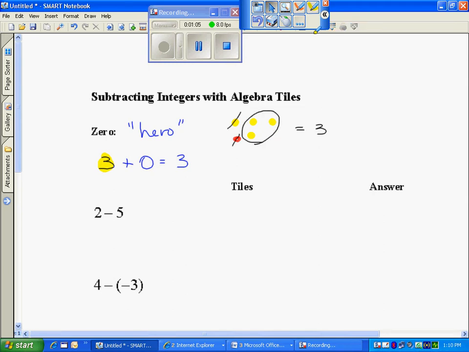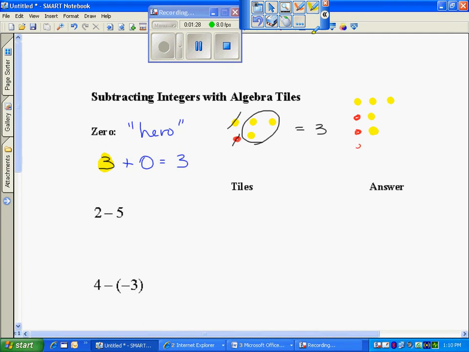In fact, I can add as many zeros as I want. If there's 3, and I add 1 0, again I need both colored tiles to add a 0, that still is equal to 3. I can then repeat the process. If I add another 0 by adding a red and a yellow, this result is still equal to 3.